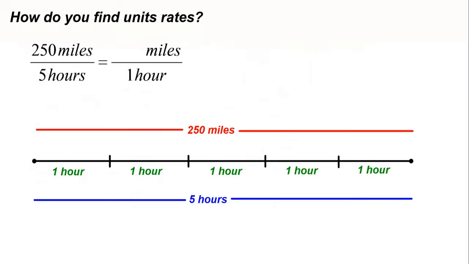So here I've got a diagram that shows that 250 miles every 5 hours. Now we want to break that up into 1 hour pieces. So how many miles would we travel every hour if we were traveling at that same rate? What we need to do is divide our 250 miles into 5 equal pieces because it's 5 hours.